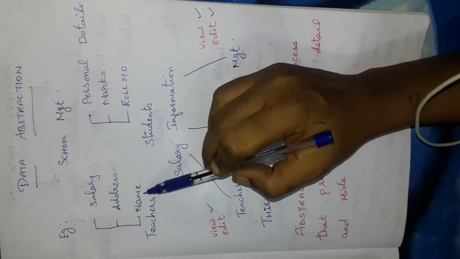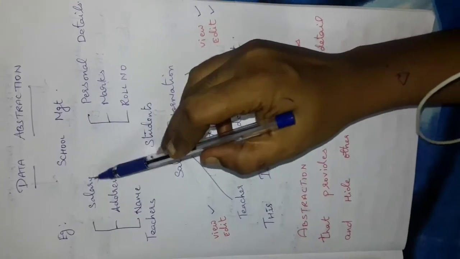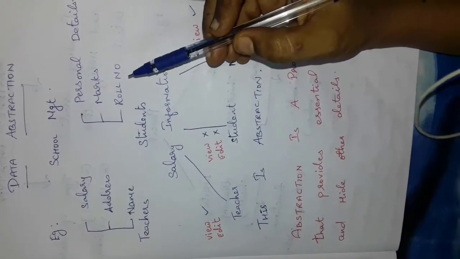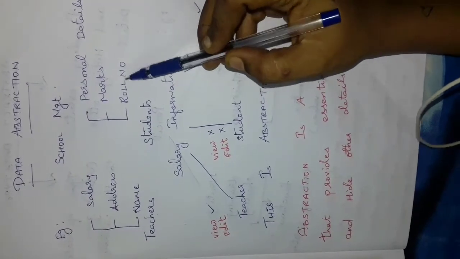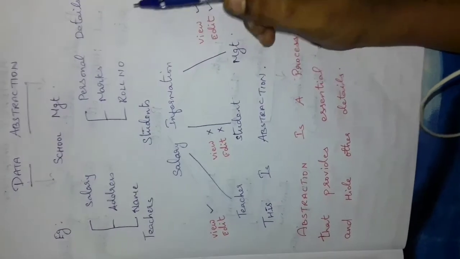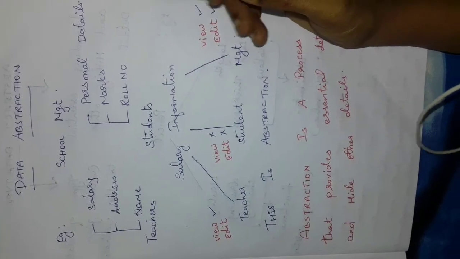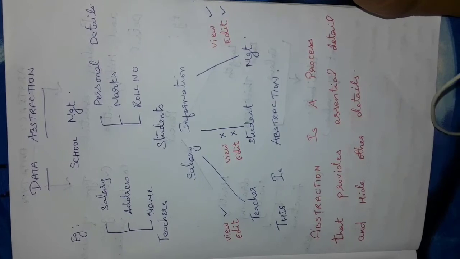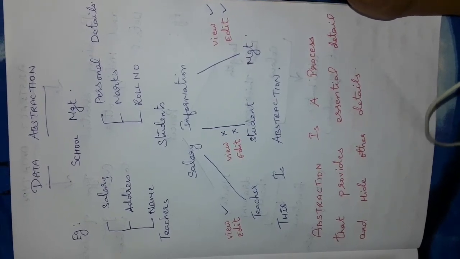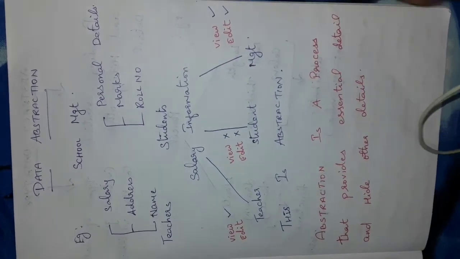About a teacher, name, address, salary, all these details are maintained in the computer. About a student, roll number, marks and personal details are maintained. Now all these are said to be the data of that particular school which is managed by the school office.